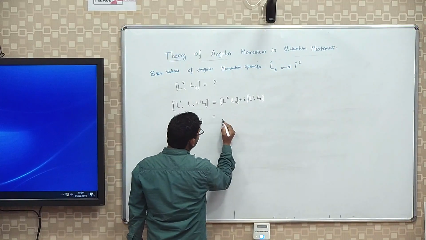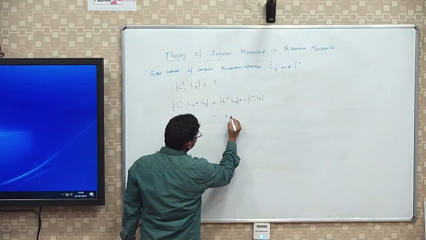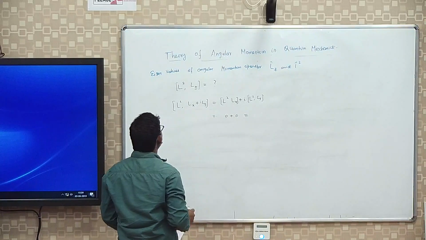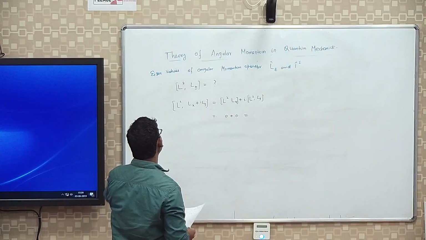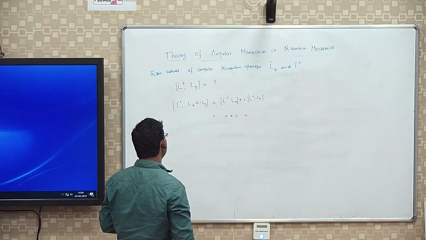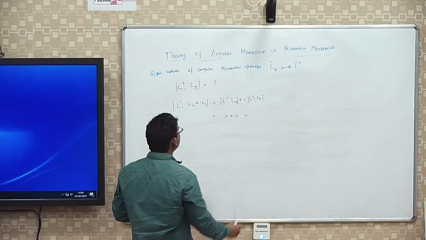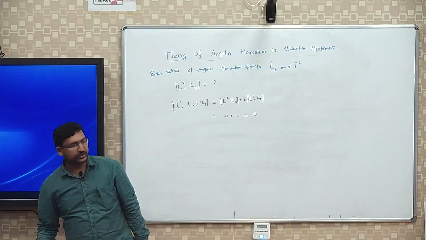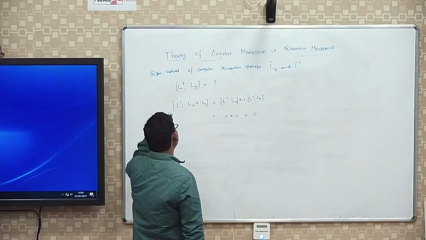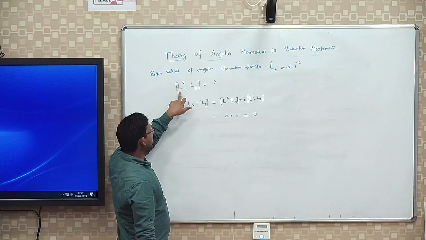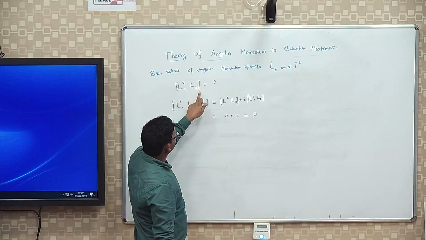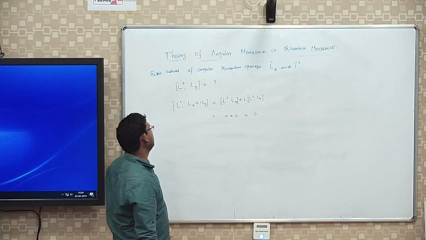Then this term will be 0 and this term will also be 0. If the total angular momentum commutes with either the raising operator or the lowering operator, it will be 0 only. The physical meaning of this expression is that we can measure the total angular momentum as well as the raising operator and the lowering operator simultaneously.